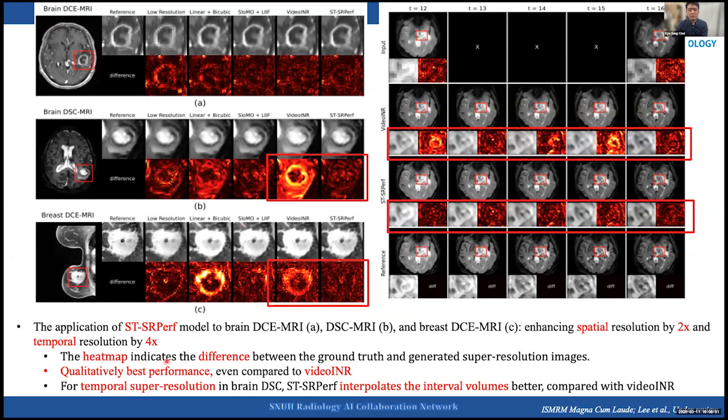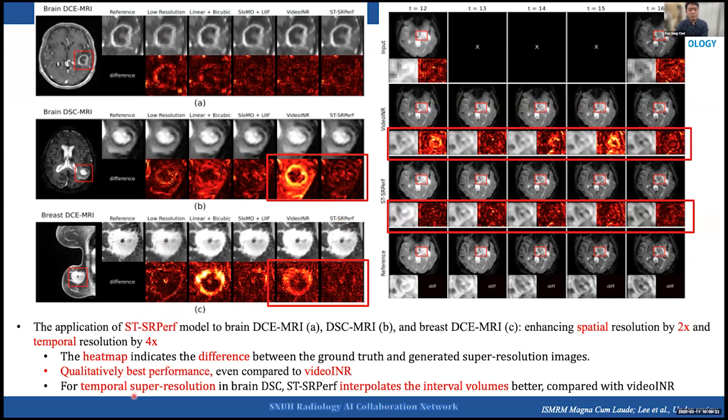The heat map indicates the difference between the ground truth and the generated super resolution images, which ideally are black images or 0 differences. As you can see, the model qualitatively shows the best performance, even compared to video INR. STSR-PERF shows more blank-like images.